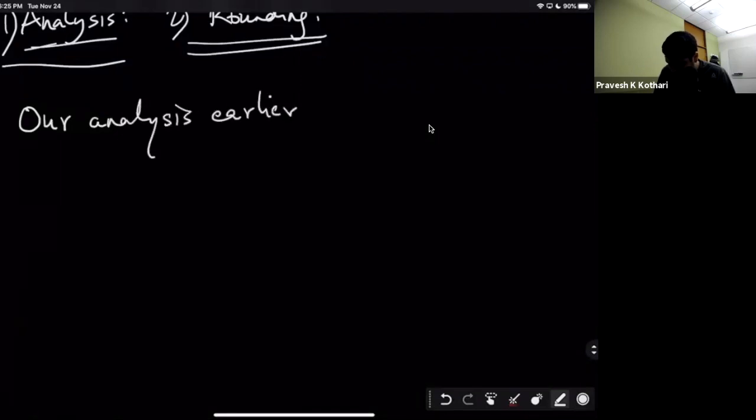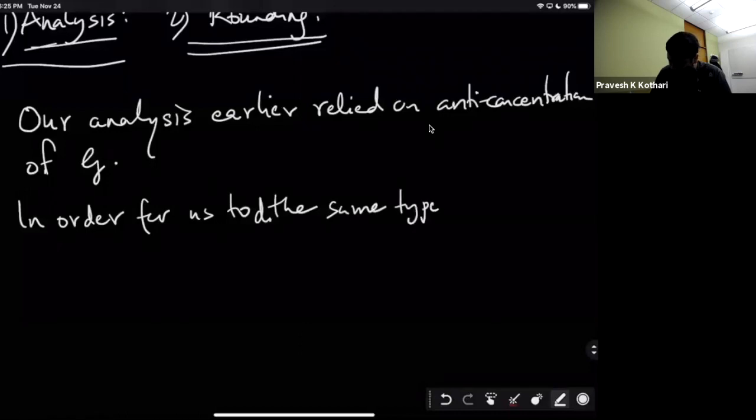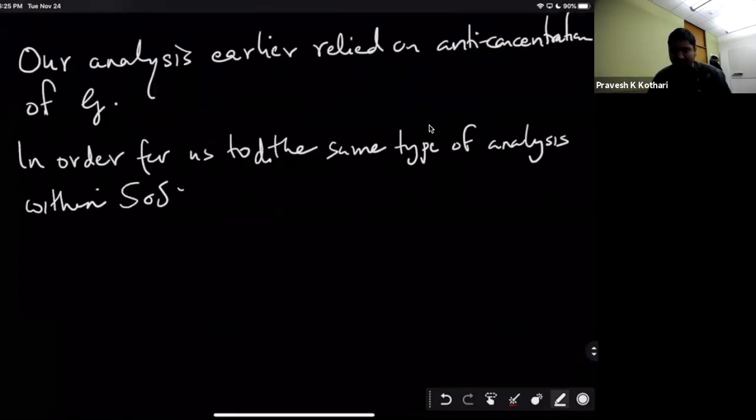And so the analysis, if you remember, our analysis earlier relied on anti-concentration of the good set G. In order for us to do the same type of analysis within the sum of squares framework, within this polynomial inequality system that we have, we will actually have to phrase the anti-concentration property as a certain polynomial inequality that is satisfied by the good set G.